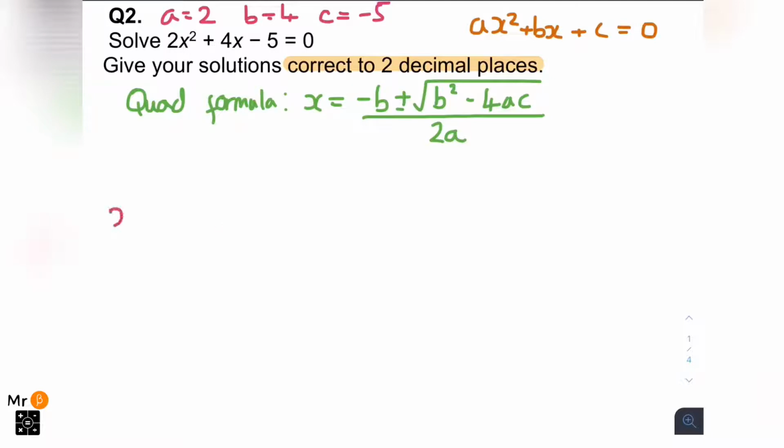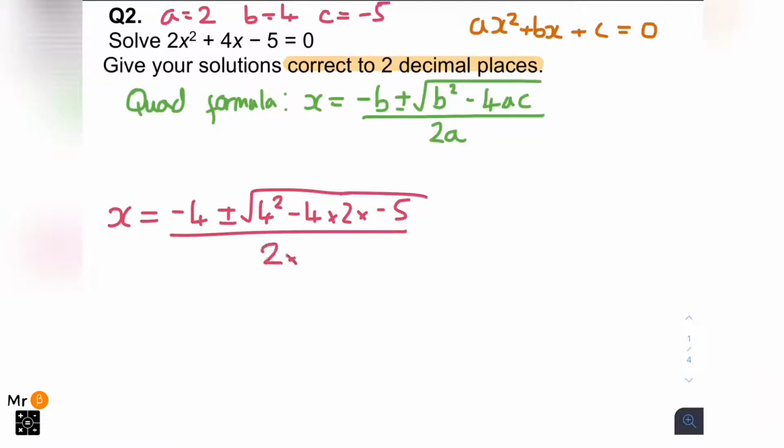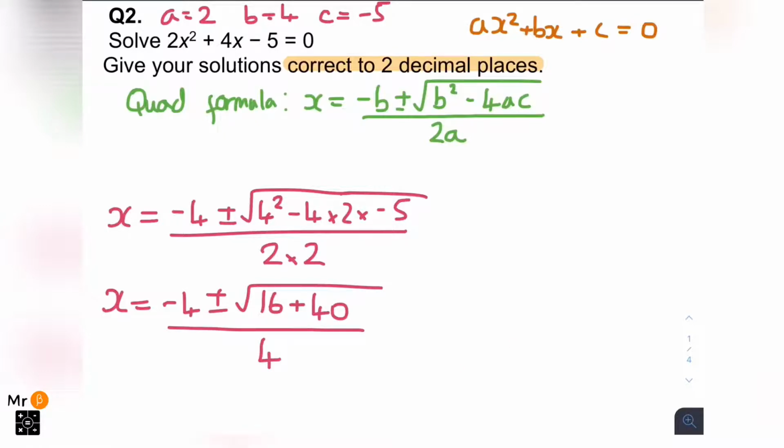So if we now substitute that into our formula, we would get negative 4 plus or minus the square root of 4 squared minus 4 times 2 times negative 5, and that's all over 2 times 2. The next step, I would start simplifying this without using a calculator to begin with. So we have plus or minus 16, negative 4 times 2 is negative 8, negative 8 times negative 5 is positive 40, and that's all over 2 times 2, which is 4.